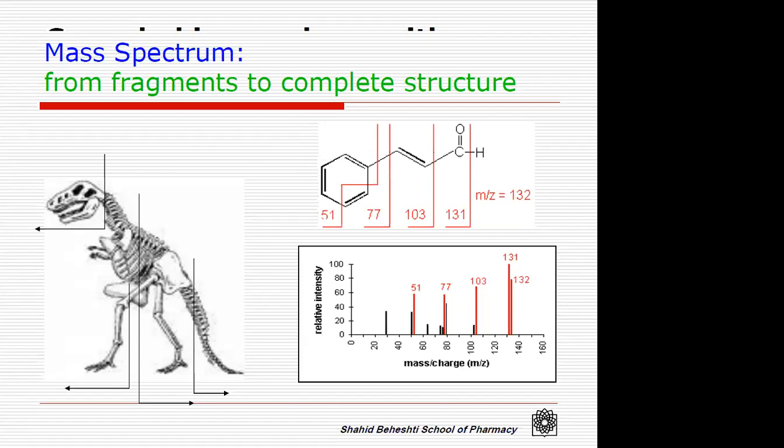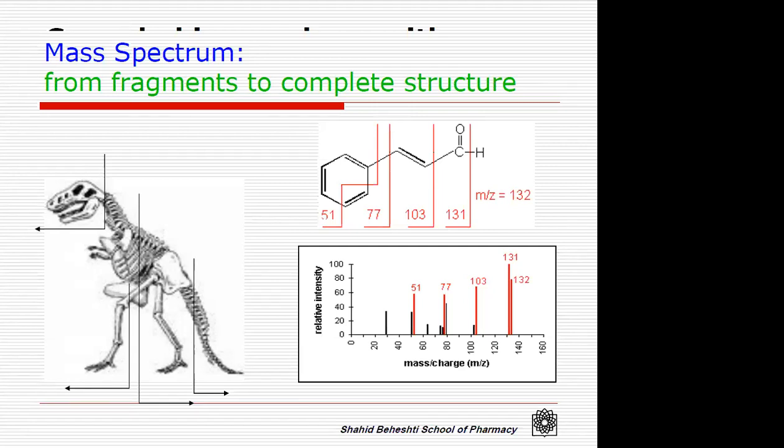And if we record these fragments and measure them, we come up with a mass spectrum. The mass spectrum is very repeatable. And if we keep the fragmentation process constant, we can be sure that we always get the same pattern. Actually, a mass spectrum is like a fingerprint for a compound.